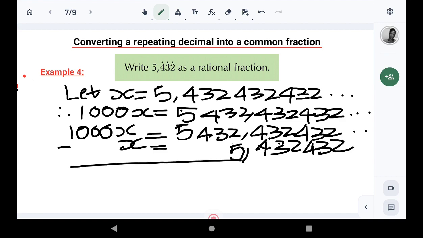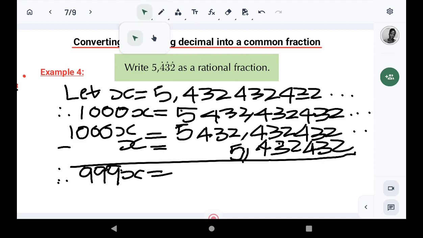So now you subtract 1,000x minus x, that becomes 999x. That is equal to, right now we subtract 2 minus 2, these all become zeros until you get to the 5.